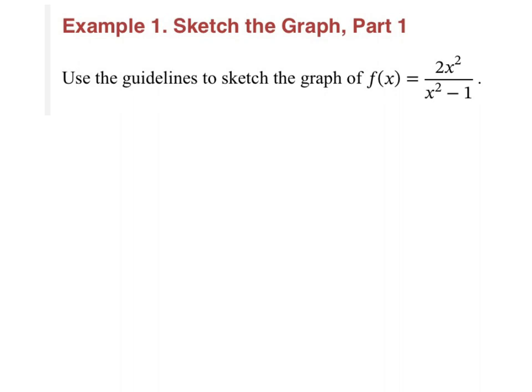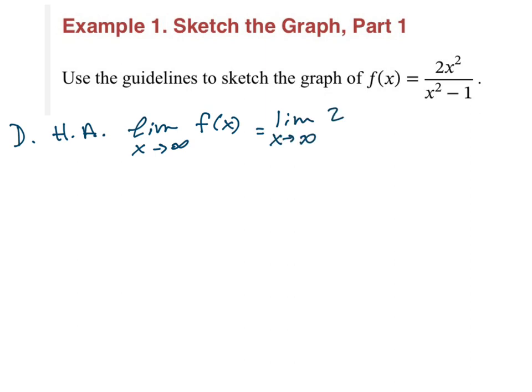All right, letter D. Letter D wants us to find all of the asymptotes. If we're finding horizontal asymptotes, we're taking limits to infinity. I'm looking at the limit as x approaches infinity of f of x, which is going to be the limit as x approaches infinity of 2x squared over x squared minus 1.